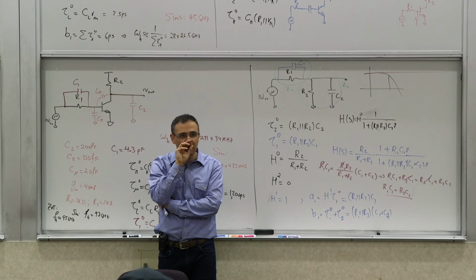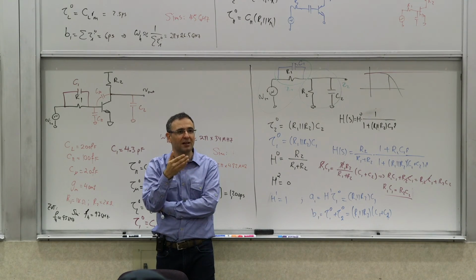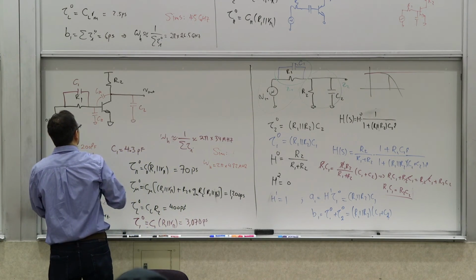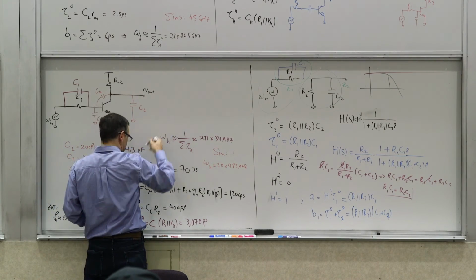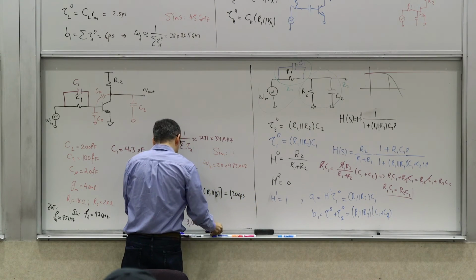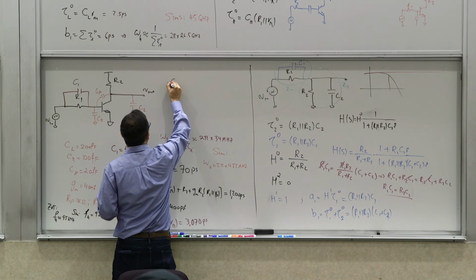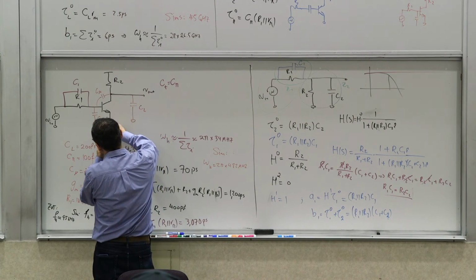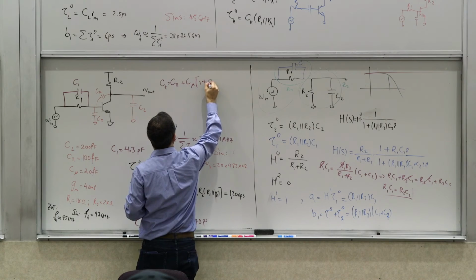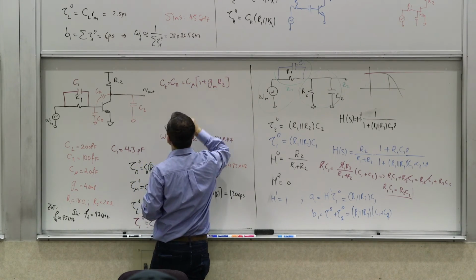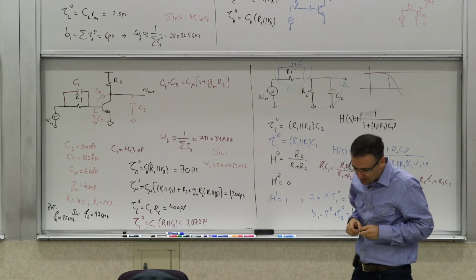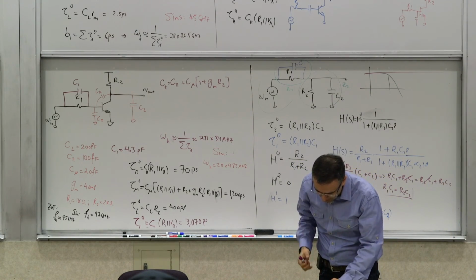You remember we had the Miller multiplication, right? The input Miller capacitance at the input. Do you remember what it was? It was C pi. So C total at the input is C pi plus C mu times 1 plus gm R2, the Miller multiplication factor. If you calculate this capacitance, what is the CT?